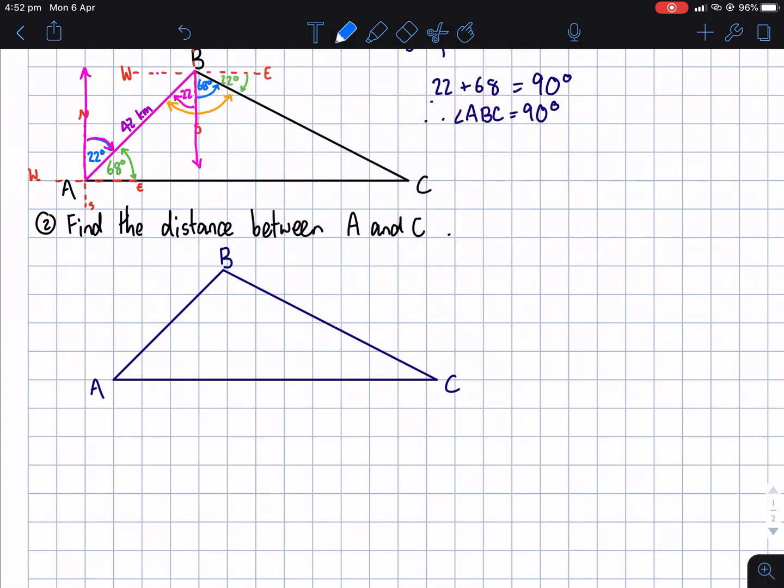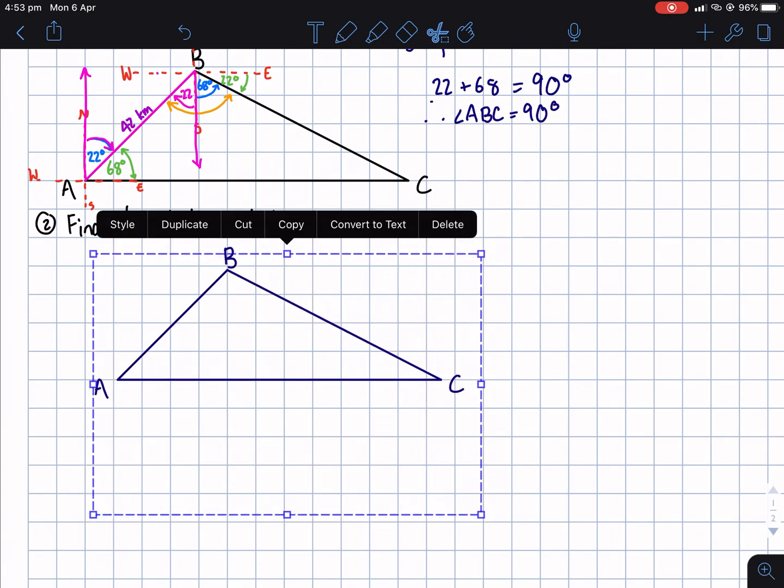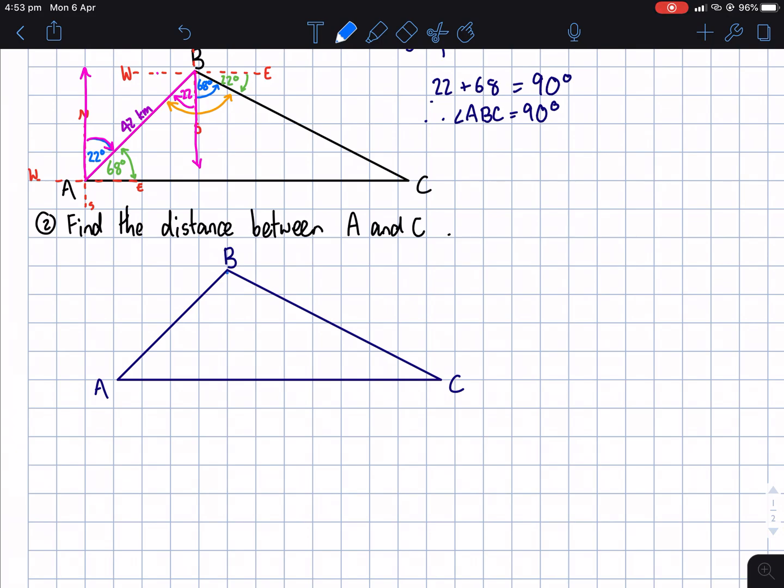I'm going to have a line running straight down from B. So this angle in here is 22, and this angle in here was 68.